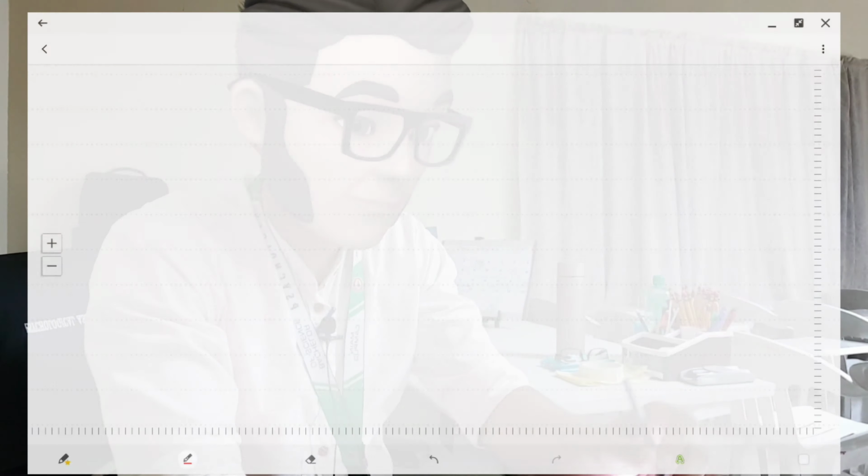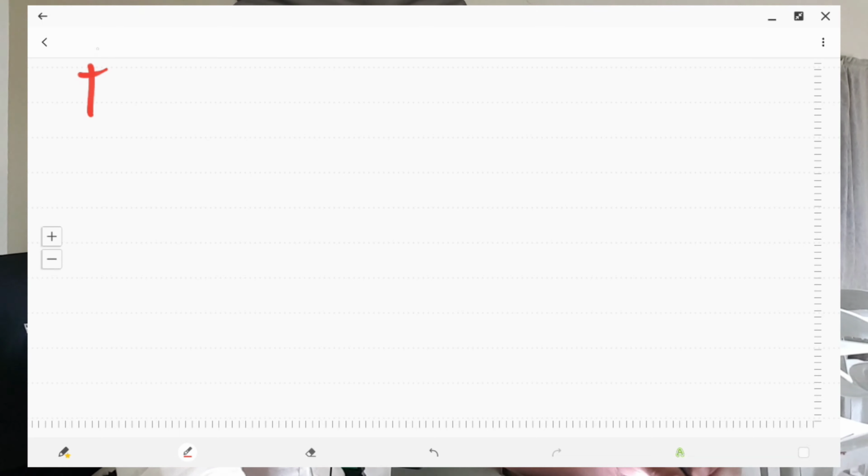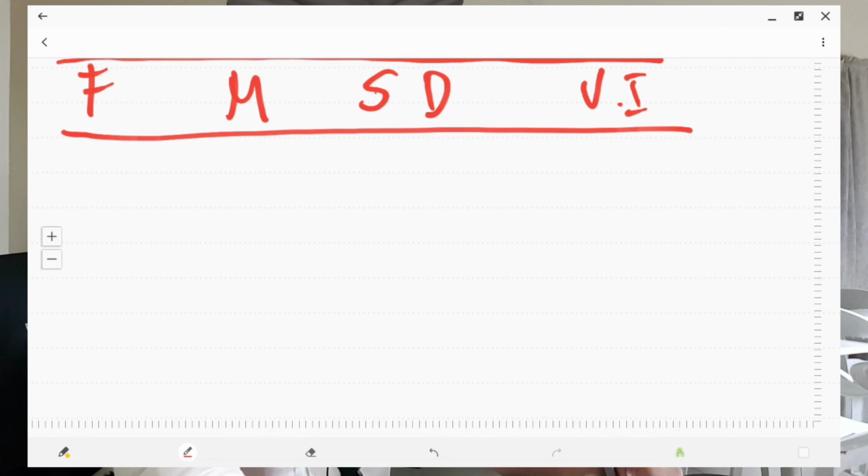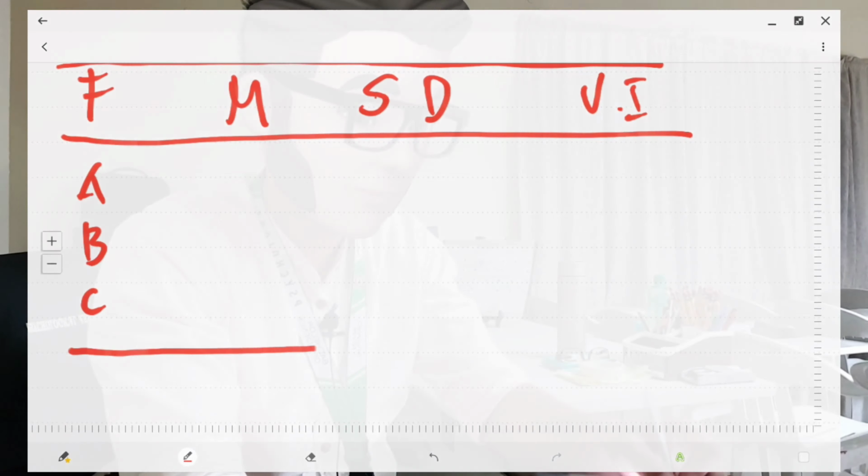To better understand how to write your paragraphs, first let's look at how a typical table would look like. First, you have your factor here, and then your mean, your standard deviation, and also your verbal interpretation. This is how a typical table would look like. For example, you have your factors A, B, and C here, and then you have your mean here.